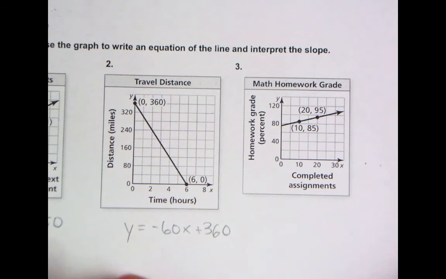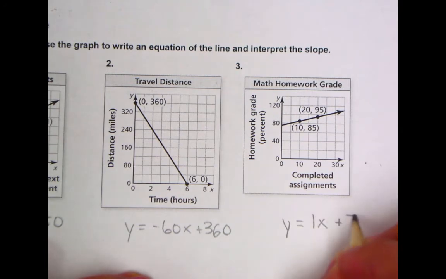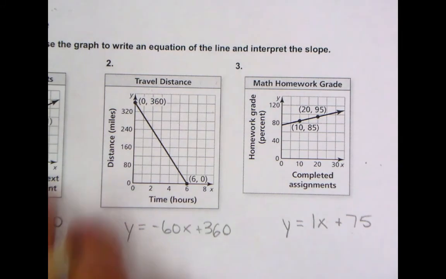Equation is y equals 1x, or just x, plus 75. So that's it. So now let's look over at the second page.